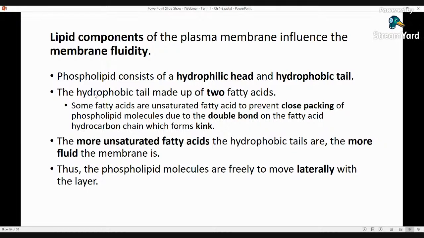Phospholipid consists of a hydrophilic head and hydrophobic tails. The hydrophobic tail is actually made of two fatty acids. The fatty acids are unsaturated fatty acids, which prevent the close packing of the phospholipid molecules due to the double bond. The more unsaturated fatty acids in the hydrophobic tails, the more fluid the membrane is.